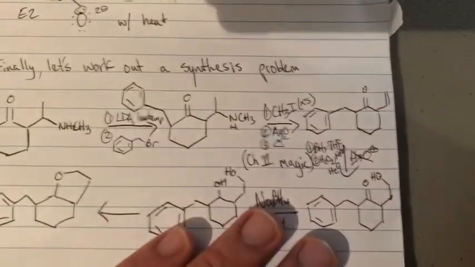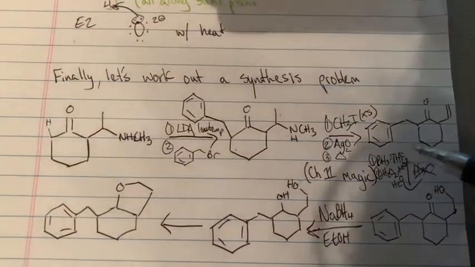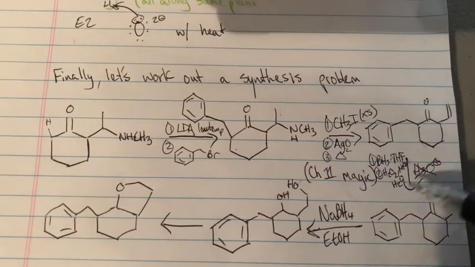Okay. Sorry if I'm all over the place here. So this is going to actually add that OH group to the least substituted carbon instead of the most substituted carbon. Okay, so then we're going to have that hydroxyl group right there. So that's another transformation.